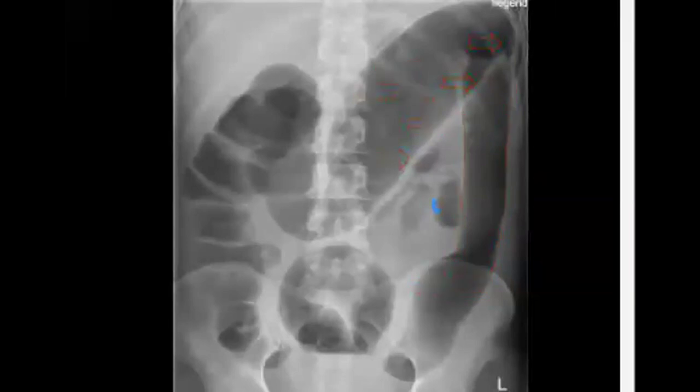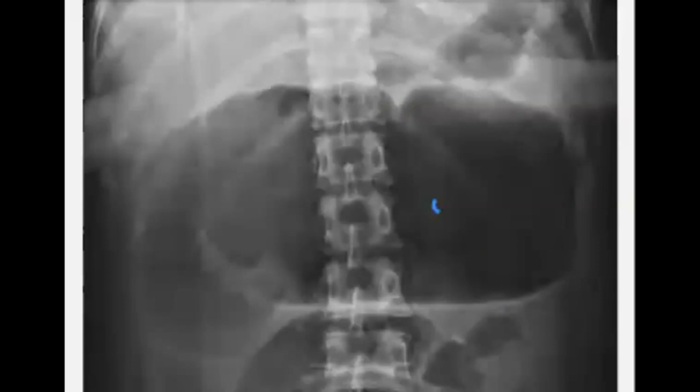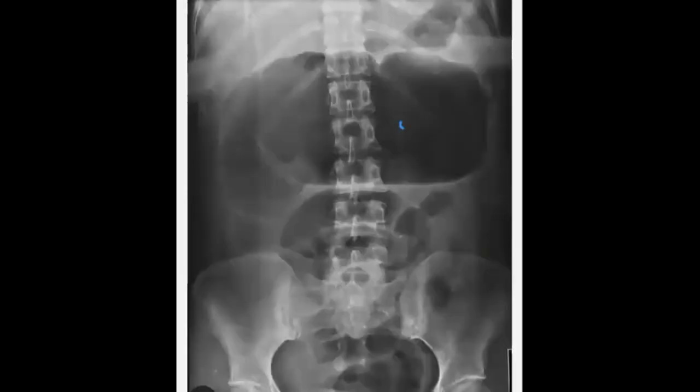Yes, toxic megacolon. Then you have to know that it is not allowed to do a barium enema in this patient, because this patient is at risk for perforation. Yes, thank you. And this patient also frequently has peritonitis. So you have to think about toxic megacolon as one of the features, especially in ulcerative colitis.